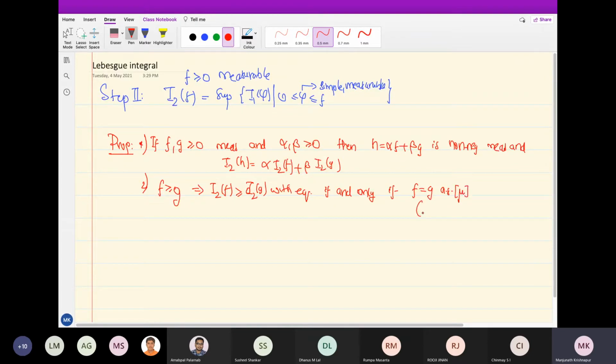That is, the set where f is not equal to g has 0 measure. Here f and g are both non-negative measurable.